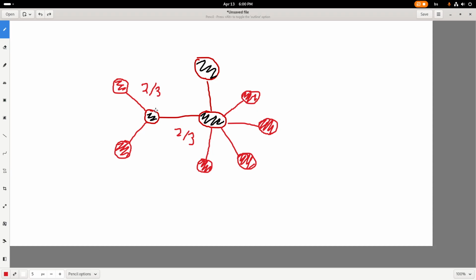Now the question would be, which of these do I want to do first? If I do this one first, then this becomes 1 and this becomes 1. But if I do this one first, this becomes 5/6. And after I do this, this becomes 1.